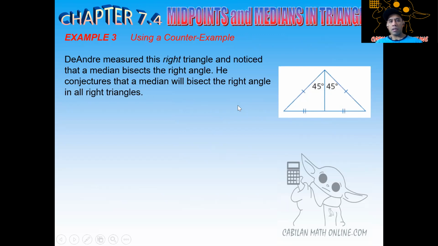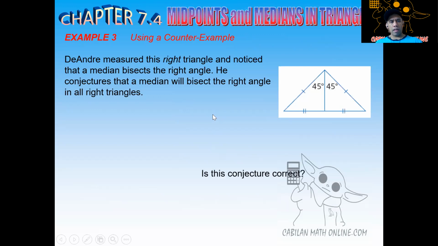He conjectures that a median will bisect the right angle in all right triangles. Now, according to this diagram, guess what? That sounds true. Remember, I had you draw a triangle where all three sides were different. This diagram does look right, but if you compare it to your diagram, it might look slightly different.